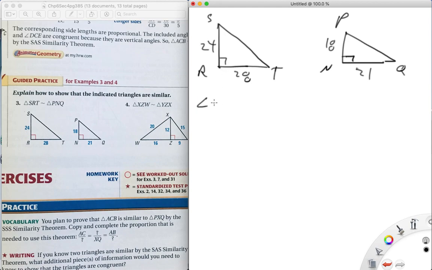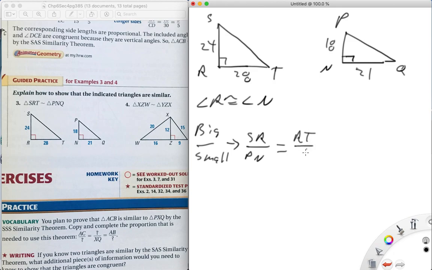So angle R is congruent to angle N. This is big, this is small, so we go from big to small, which is going to be SR to PN, which must be equal to RT over NQ.